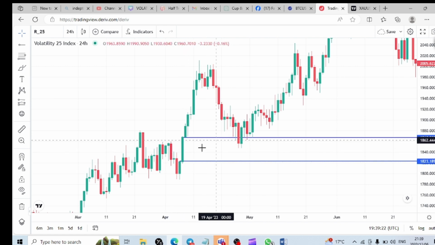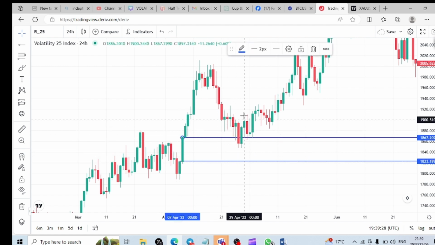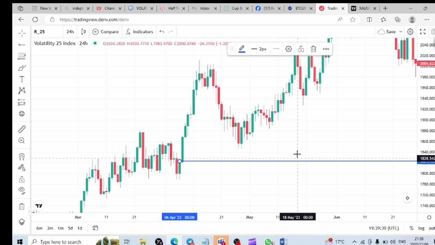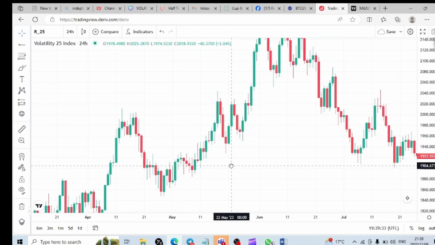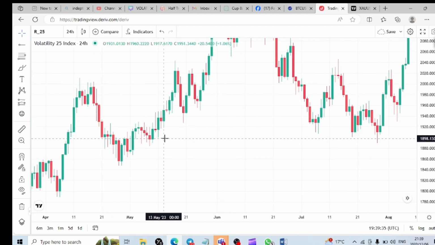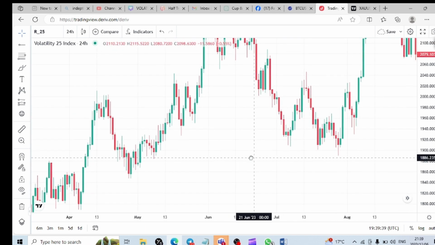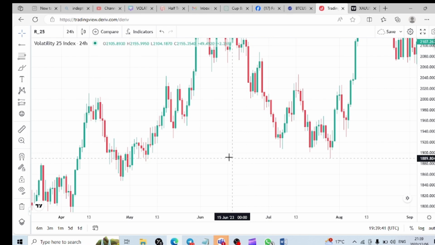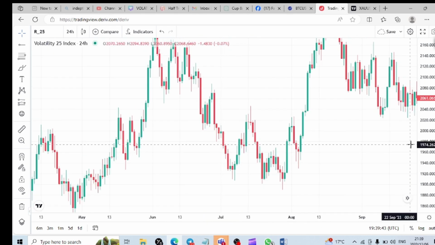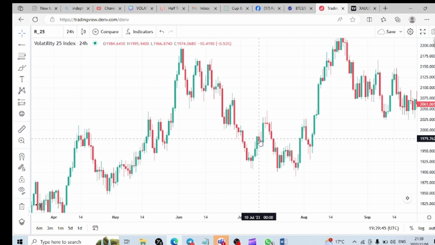So price gave priority to the fair value gap rather than the order block. But still on our order block theory, let's look for more opportunities. I want to look for another buying opportunity, and then we discuss, then we call it a day.